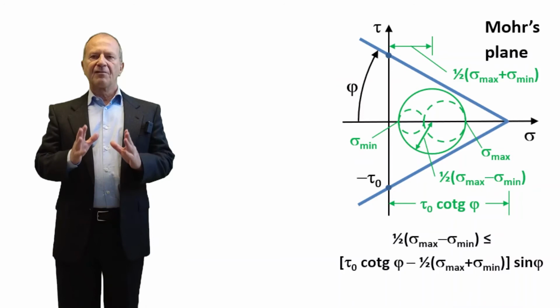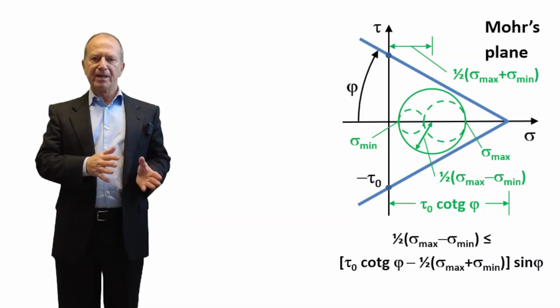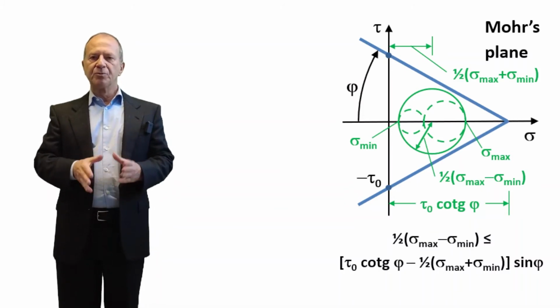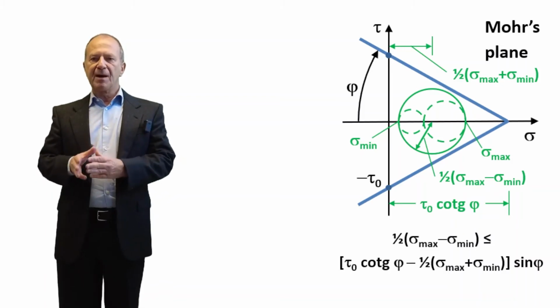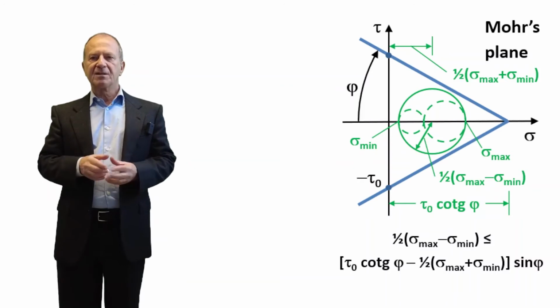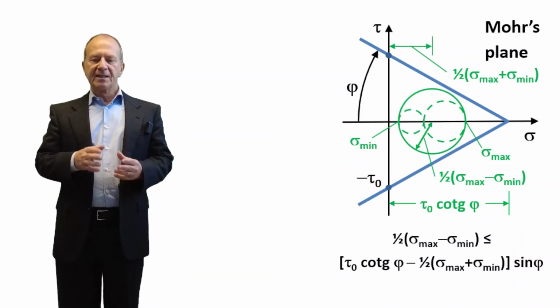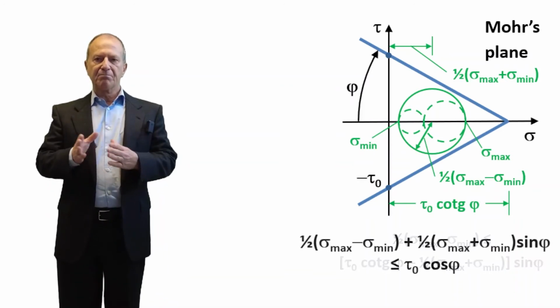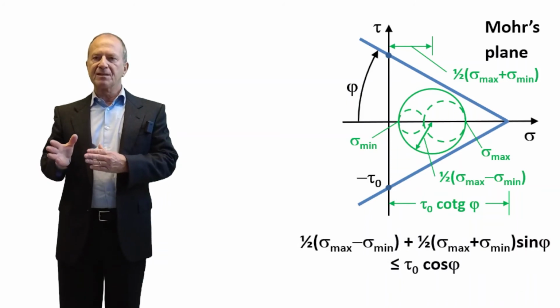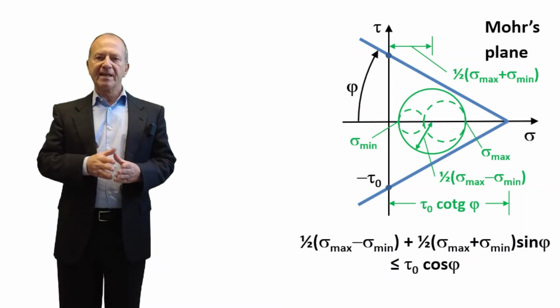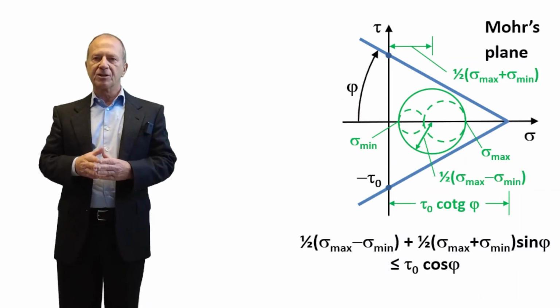Thus, 1/2 of sigma max minus sigma min must be less than or equal to tau 0 cotangent of phi minus 1/2 of sigma max plus sigma min times the sine of phi. That is, 1/2 of sigma max minus sigma min plus 1/2 of sigma max plus sigma min times the sine of phi must be less than or equal to tau 0 cosine of phi.